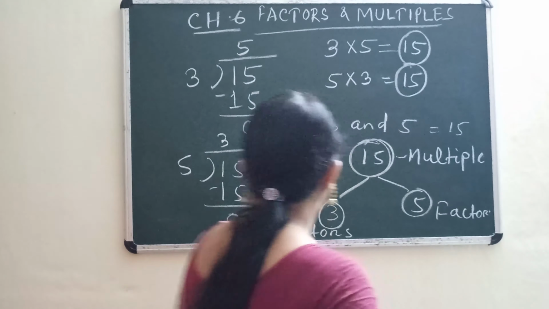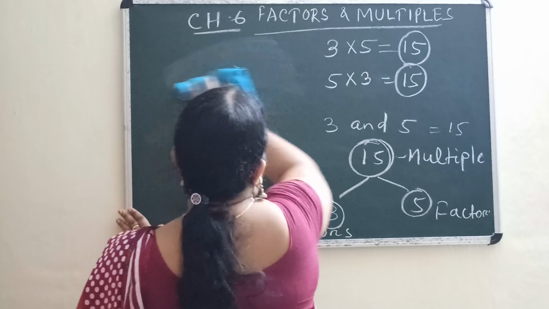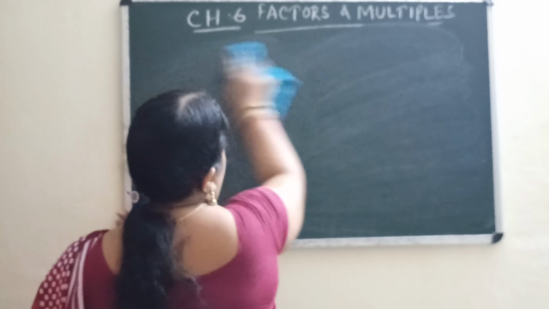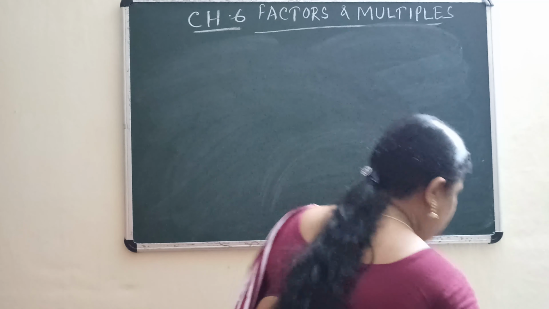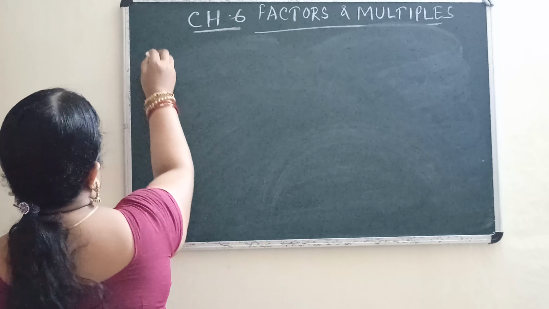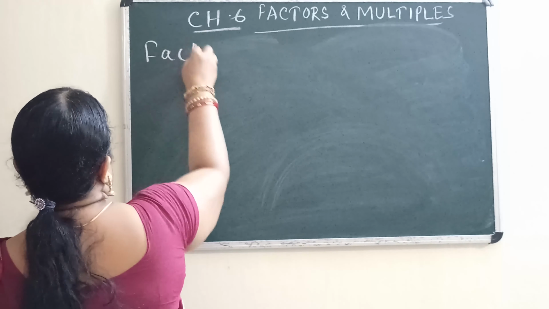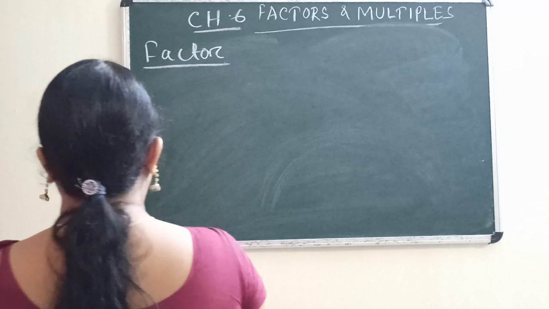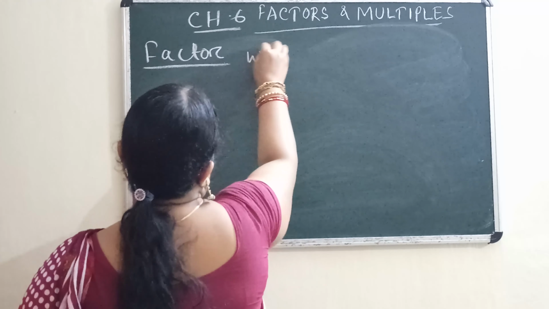So let's come to the topic: how to know the definition of factors and multiples. Okay, today's topic is factors and multiples. So let's start from the factor. When will you say it's a factor?